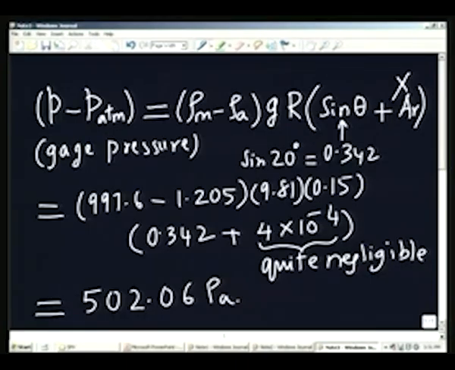Now, in this calculation we have taken into account rho a. Suppose I neglect rho a, so I will just give the value in the bracket, neglecting rho a, you will get a value of 502.66.